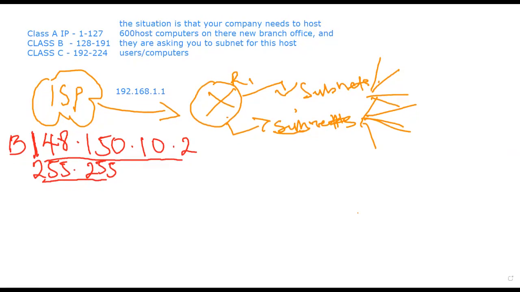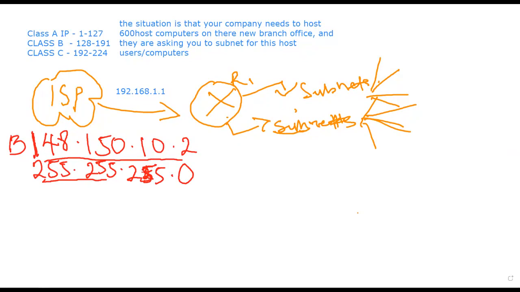Sorry for that. Now you've got this subnet mask, let's say 255.255.255.0. Now, this is what we have for the subnet mask.